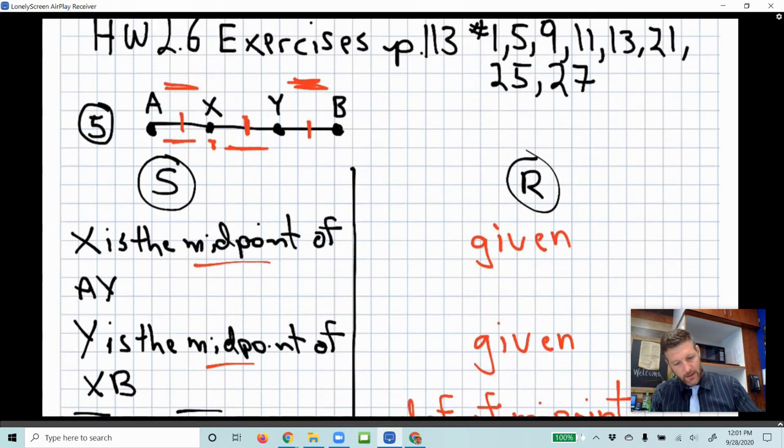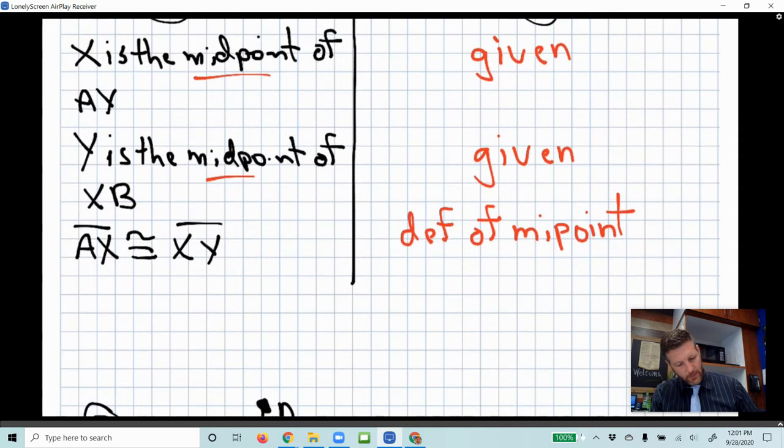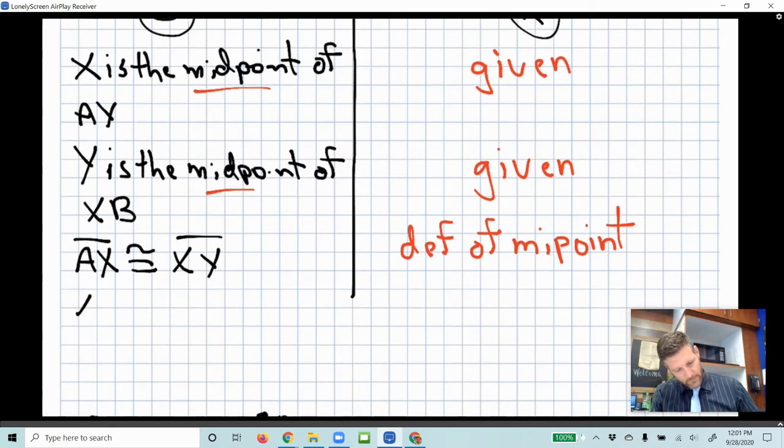And I know the same thing, switching colors here, I know that Y, because it's a midpoint, has created these 2 congruent segments, XY and YB. Sorry, it doesn't all fit on here all at once. So we also know that XY is congruent to YB. And it's the same reason, definition of a midpoint.